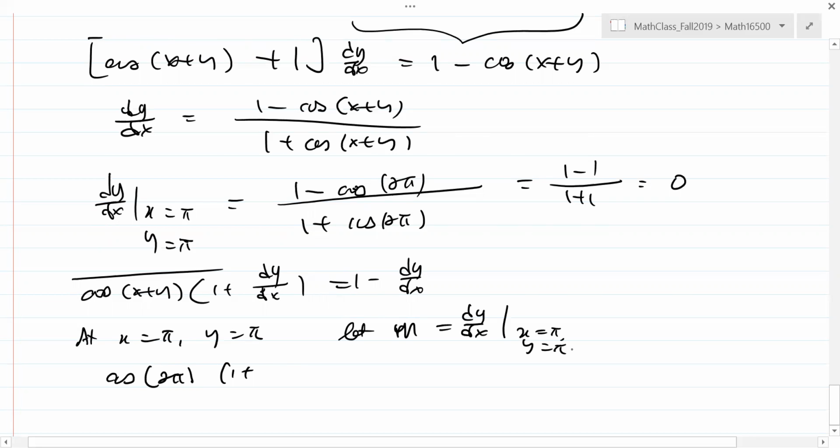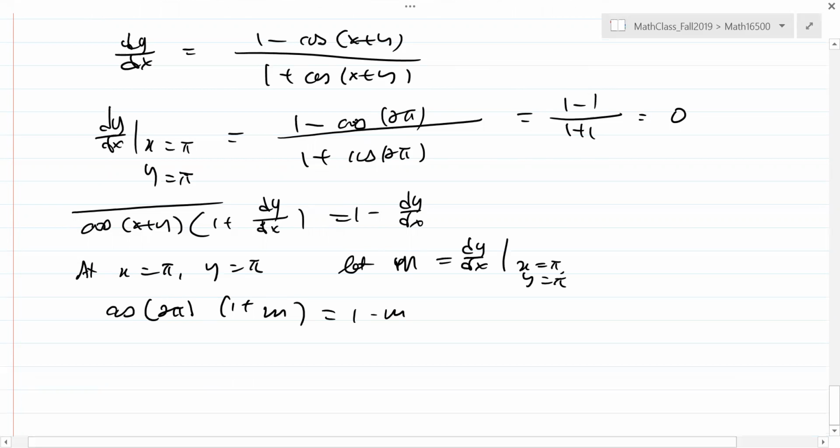Then you only have m equals 1 minus m. Okay, you will see that cosine pi is 1, so 1 plus m equals 1 minus m, right? And then 2m equals 0, m is 0. So that would be much quicker to find the derivative.